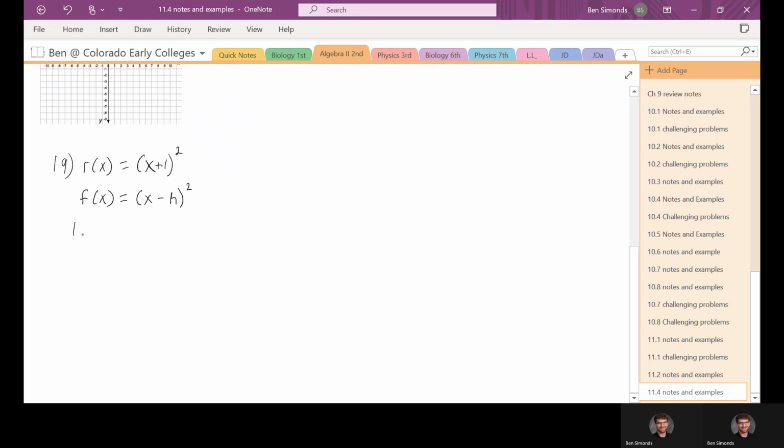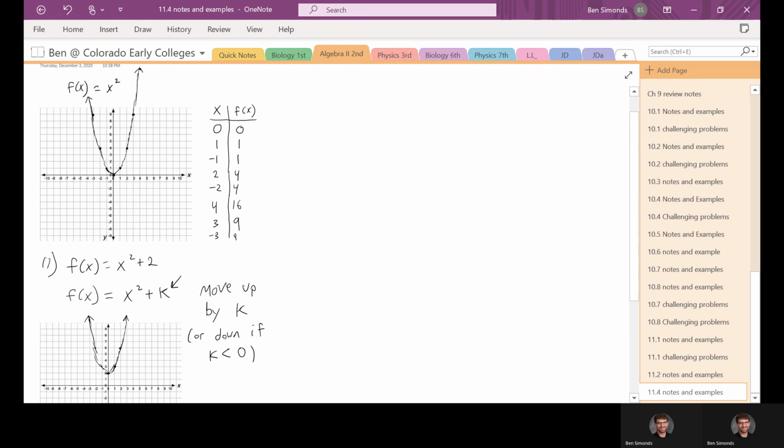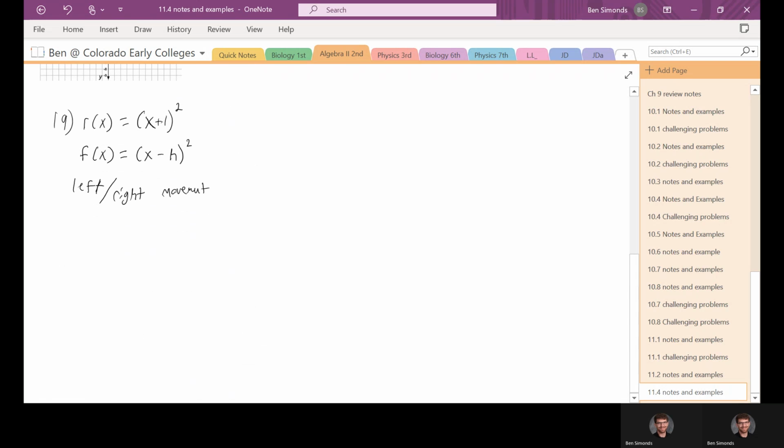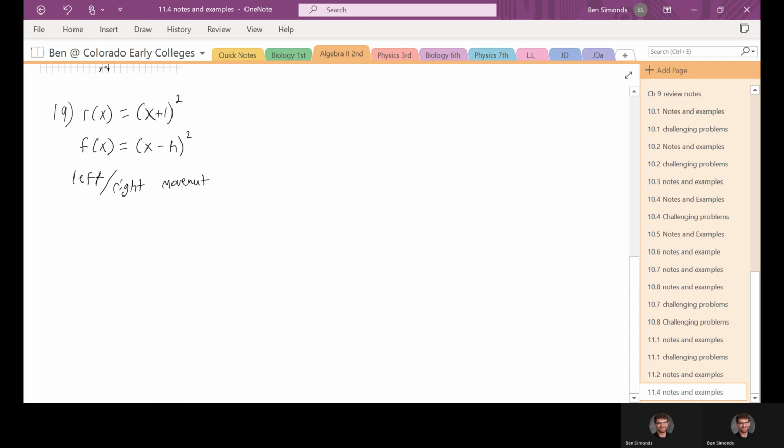This is a left or right movement of our basic x squared graph. So we take the basic x squared graph and we move it left or right. So if you have a subtraction, if you have x minus h, you are moving to the right.